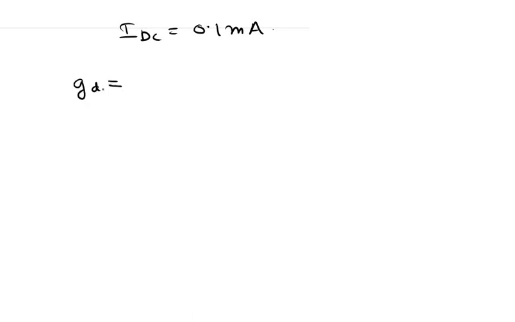GD is basically equal to IDC divided by VT. This equation we have seen earlier today, and IDC we have already calculated to be 0.1 milliampere. So this is equal to 0.1 milliampere divided by VT, and we would assume T equal to 300 Kelvin.